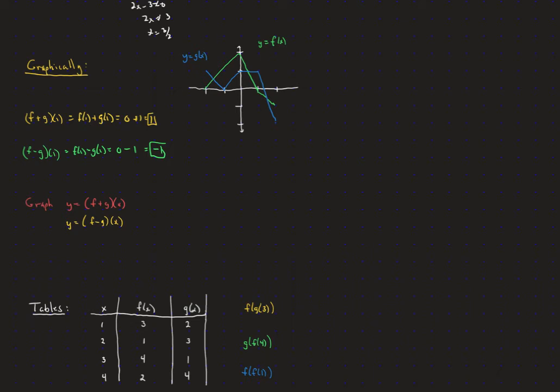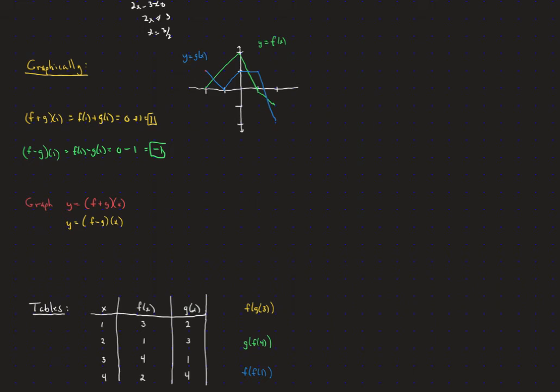Now it gets a little tricky on the graphing part here. I don't know if I can do this on a separate graph or if it'd be easier on the same graph. Let's see. I'm going to imagine now that for f plus g of x, I'm going to go point by point. So f of negative 2 is 0, g of negative 2 is 1. When we add those together, I don't like the way I put that axis, so I'm going to use the grids.